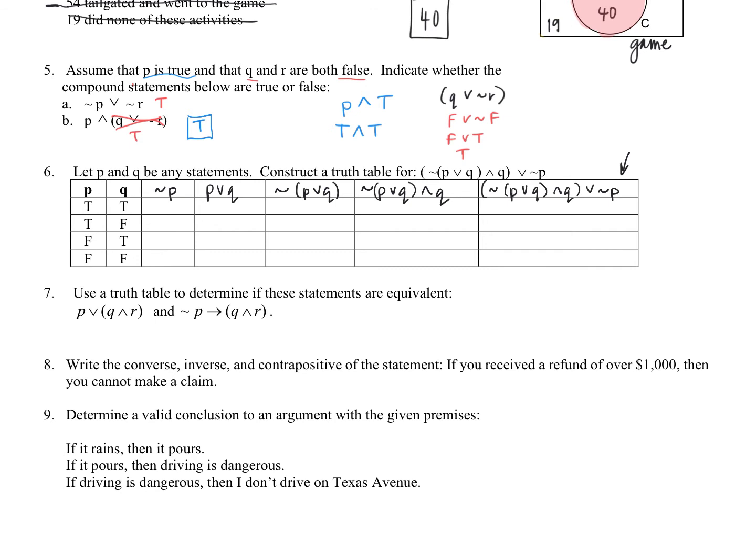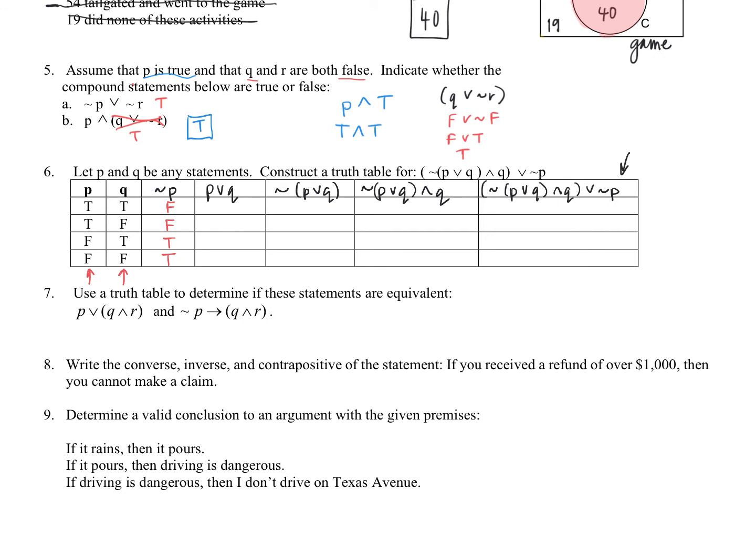So not P. Remember that that is the opposite values of P. So it would have the opposite truth values of P. So P is true, true, false, false. So not P would be the opposite of that. So false, false, true, true. P or Q. So we're looking at P or Q. Remember, for this to be true, at least one of the statements has to be true.